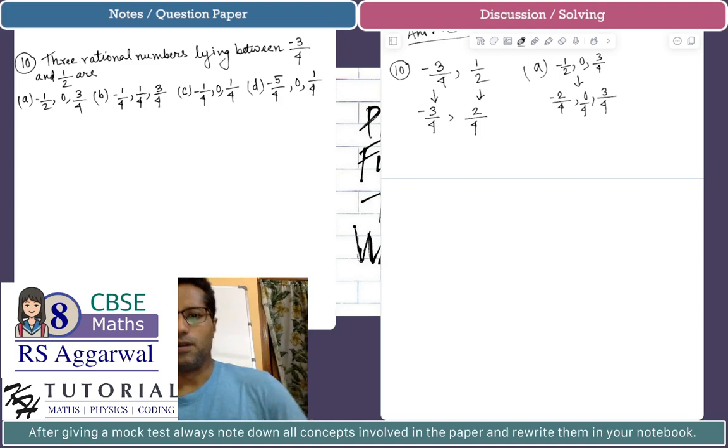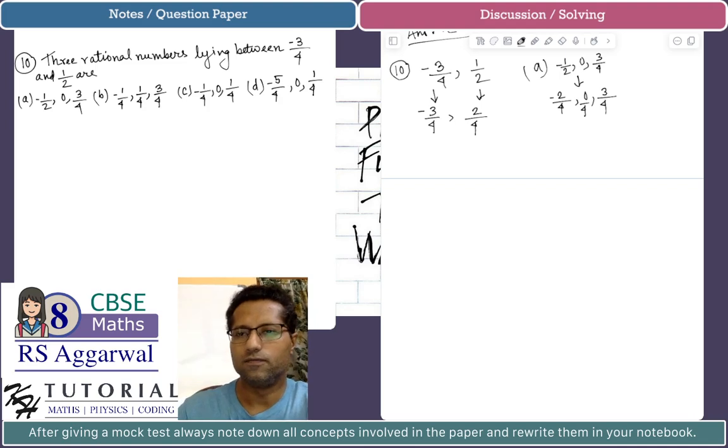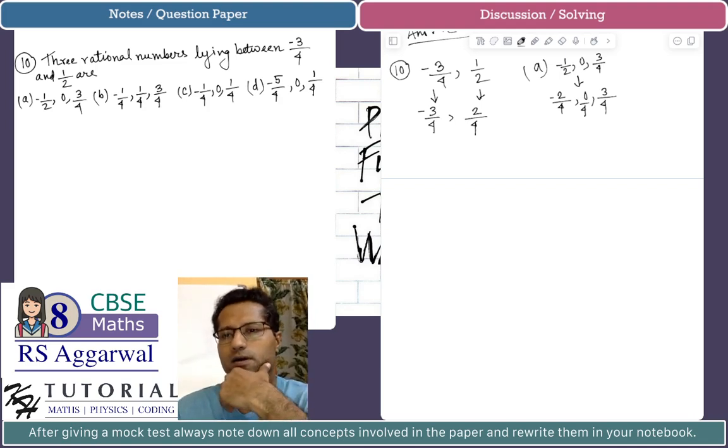Now to see whether choice A is correct or not, we have to just verify whether the numerators of choice A, that is minus 2, 0 and 3, lie between minus 3 and 2.